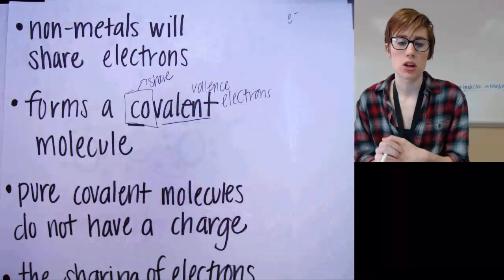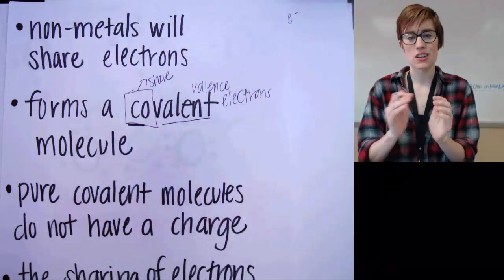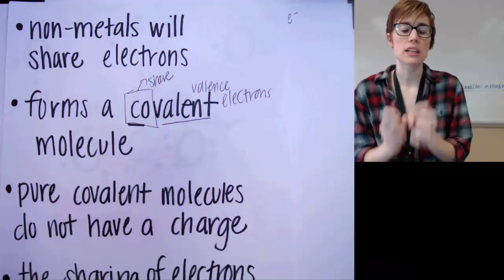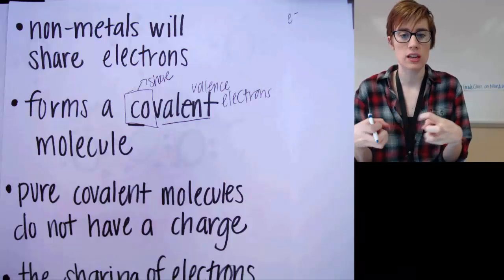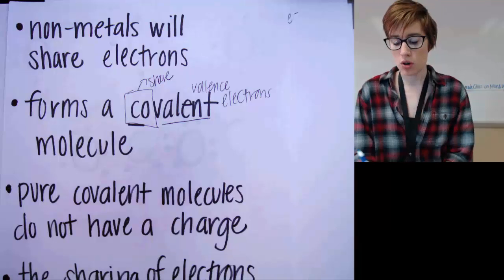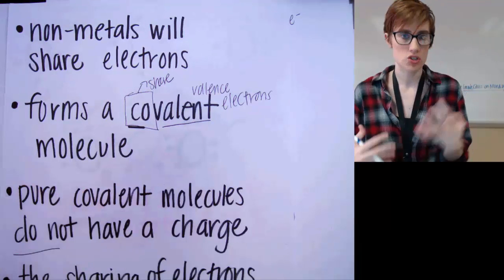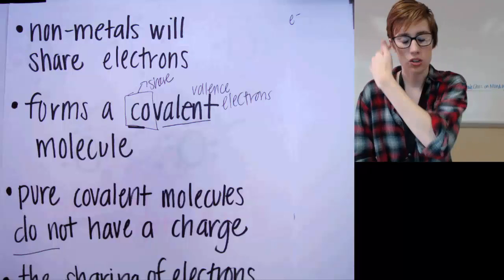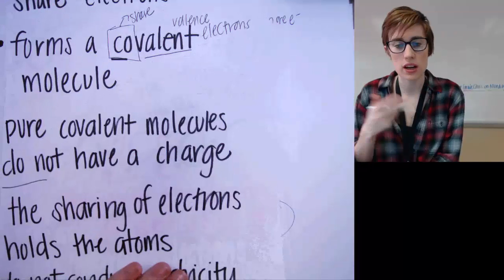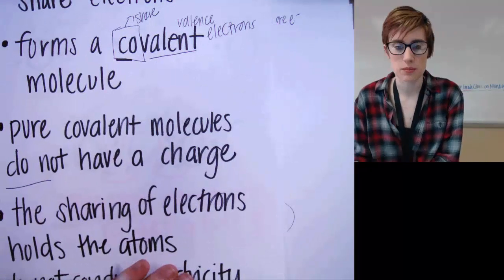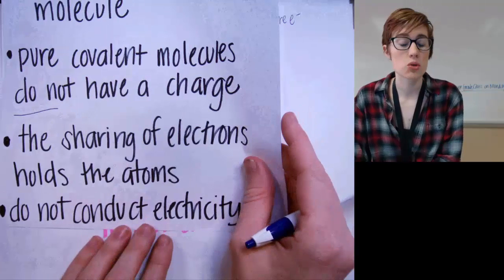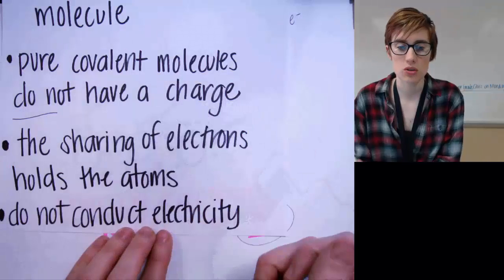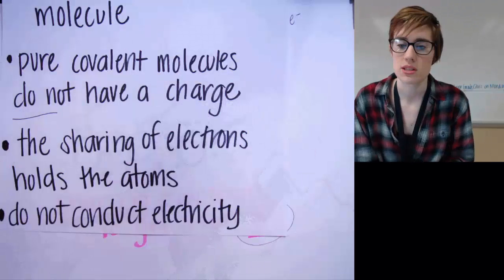A pure covalent molecule shares the electrons perfectly evenly, like carbon, oxygen, and the oxygen all sharing the electrons the same way. Those do not have a charge like the ionic molecules did. So this sharing of the electrons is what holds the atoms together. And the last part is that since there's no charge to a covalent molecule, they do not conduct electricity well.